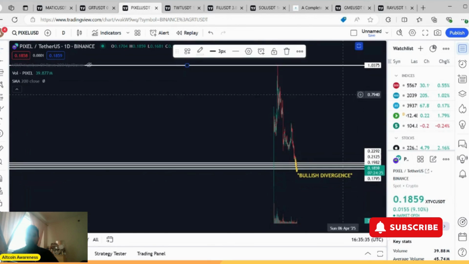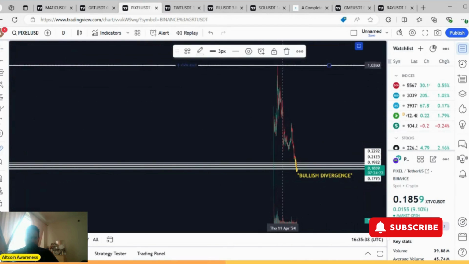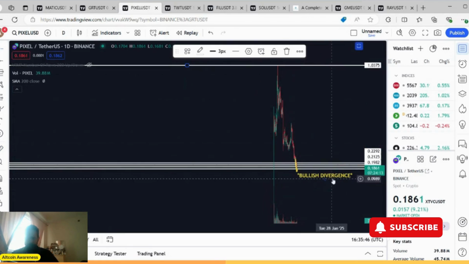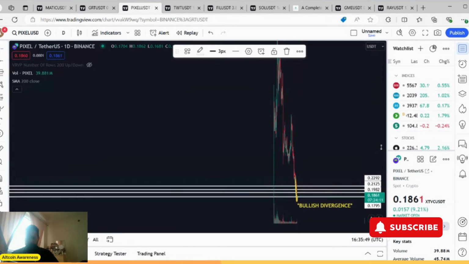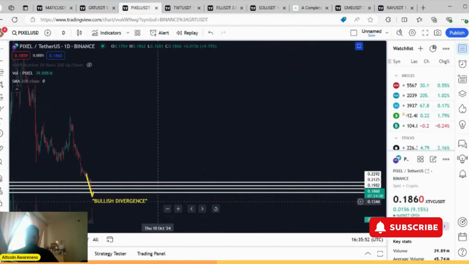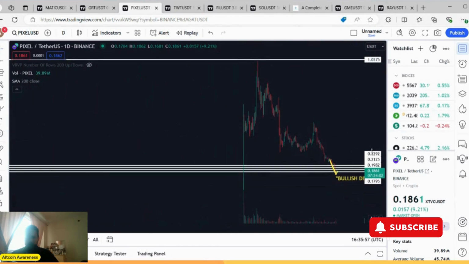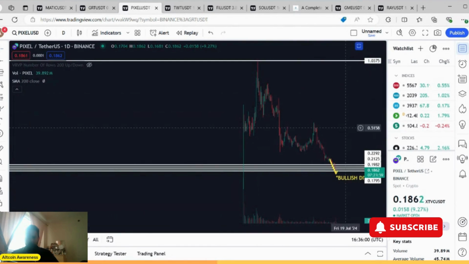Okay, we had a crazy retrace, which is normal for crypto, right? This is an 85% retrace from the all-time high. And now we have a bullish divergence, which might be an indication that the trend might be changing.